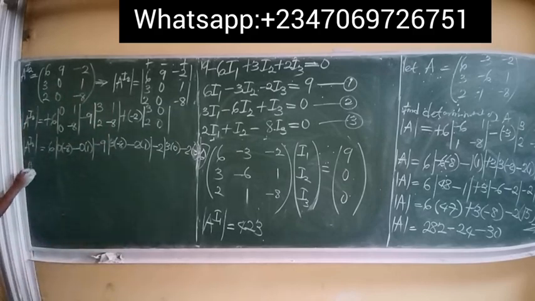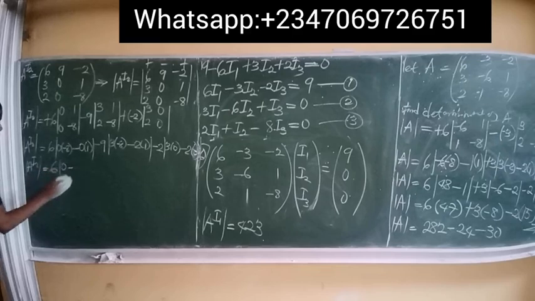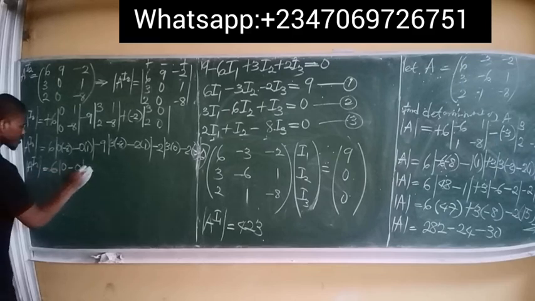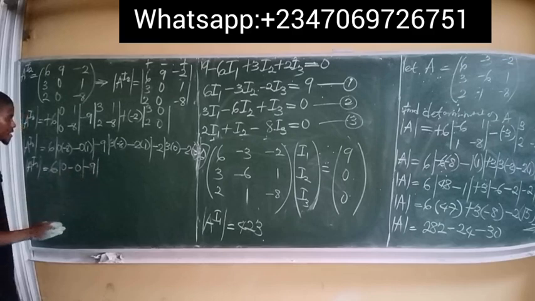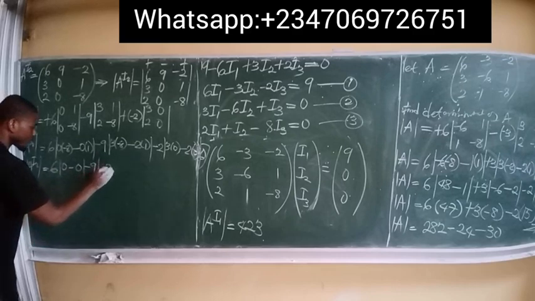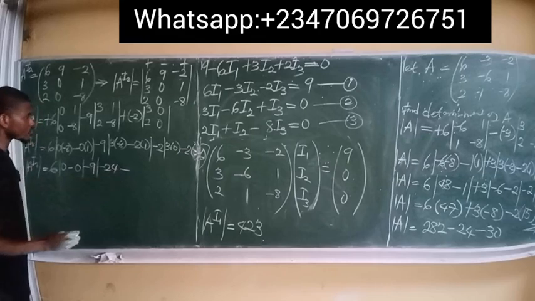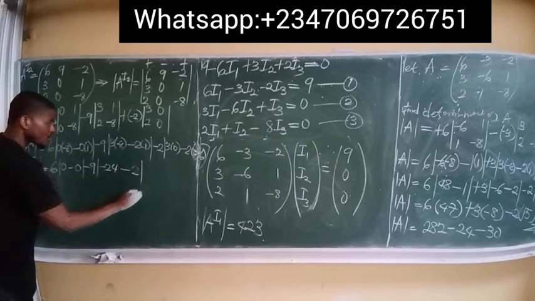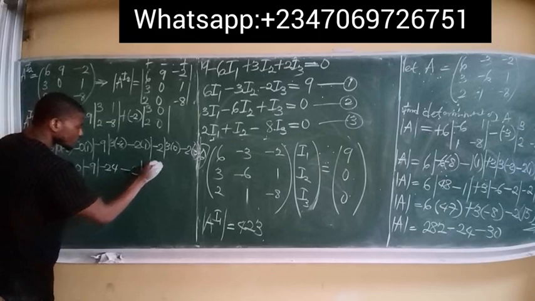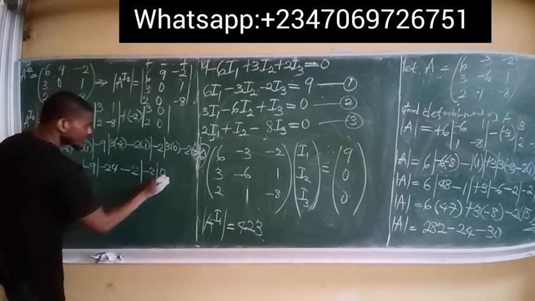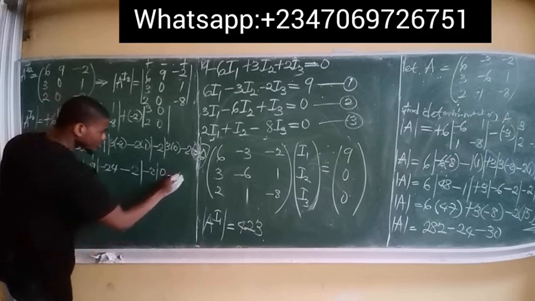Okay, so determinant AI2 is now equal to, this is 6 into 0 times minus 8 is 0, minus 0 times 1 is 0, okay, minus 9 into 3 times minus 8 is minus 24, minus 2 times 1 is 2, okay, minus 2 into 3 times 0 is 0, minus 2 times 0 is also 0.